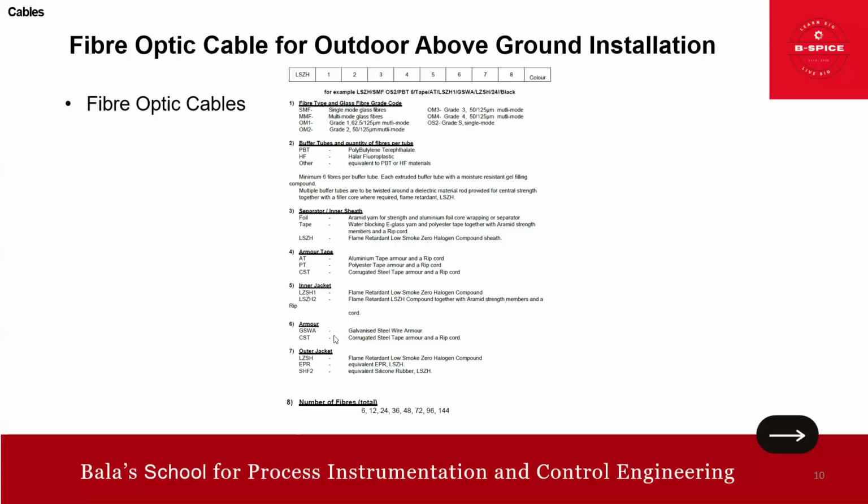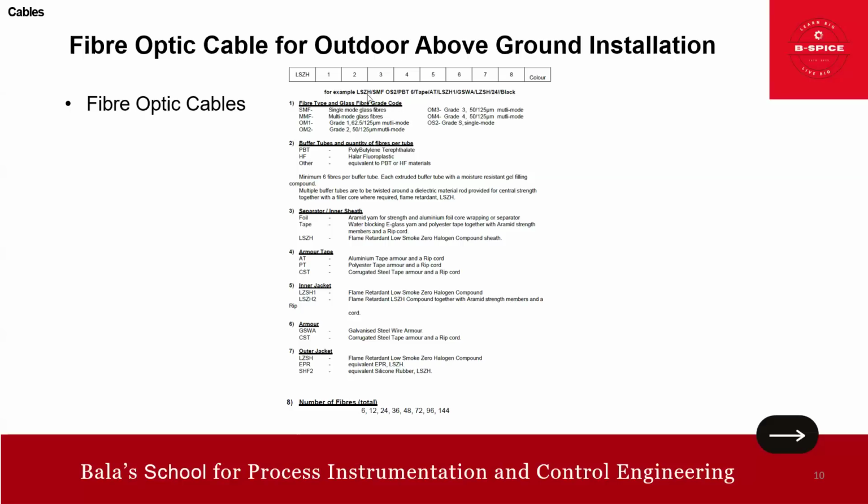So that's the construction. For armor, we have two options: one is galvanized steel, the other is corrugated steel. Then the outer jacket is the same, similar to other cables. The number of fibers is standard 6, 12, 24 like that. This is about the fiber optic cables.